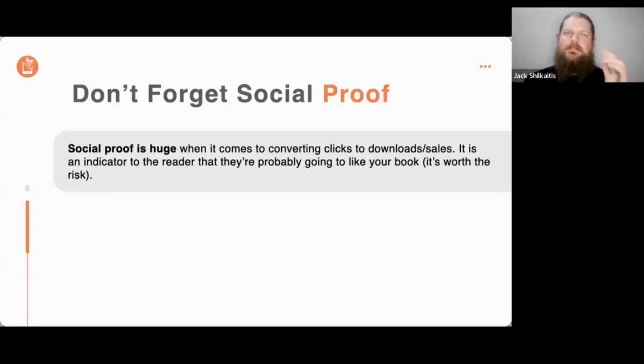I know you might not think of it this way, but think of your own buying behaviors. Let's say you need to buy a new pressure washer, right? And you go online. I'm picking something random because this is true about anything. It applies to anything, not just books. You're going to go online and read the reviews.